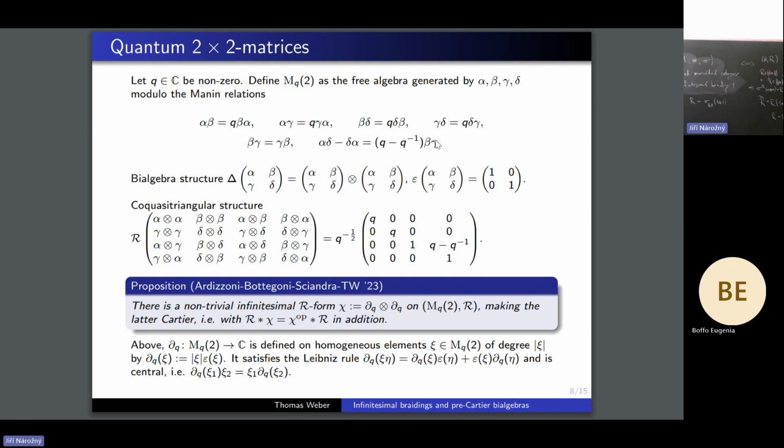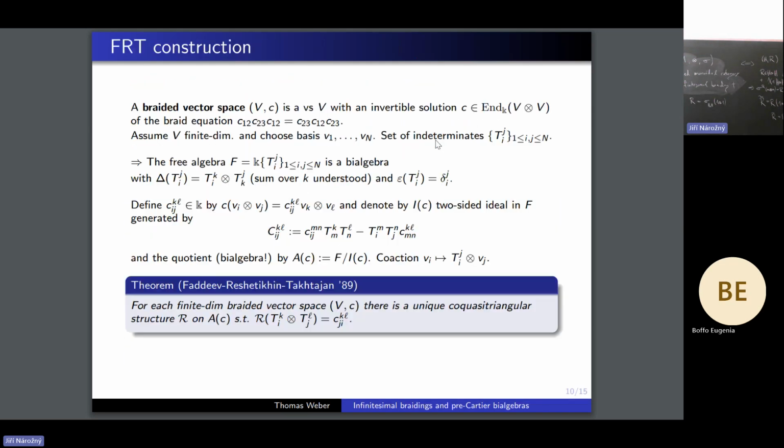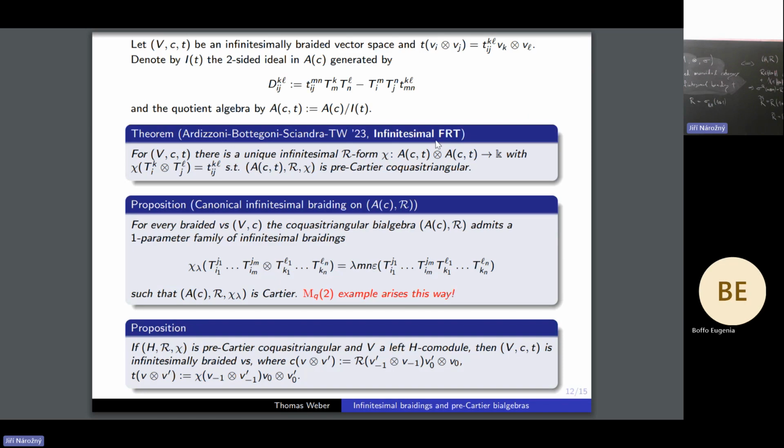What the general formula is, we have seen in this FRT. It's here. So if you plug in something like this here, you get some scale factors and then your epsilon. And so this works for all FRT bialgebras. You can use this as an infinitesimal R-form.